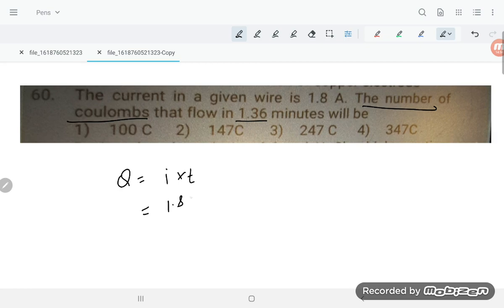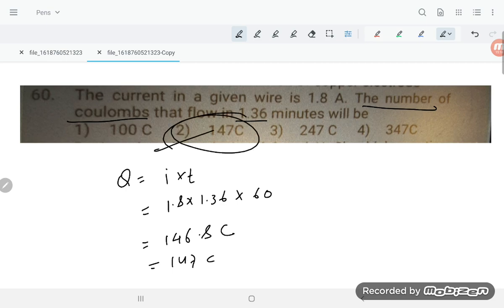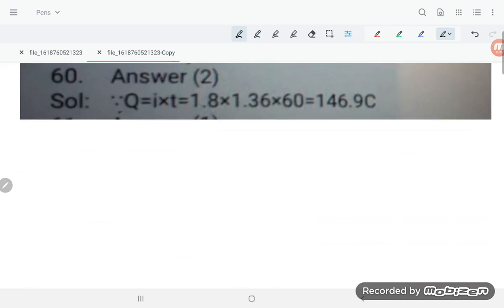I is equal to 1.8 into 1.36 into 60. Let us try to solve. 1.8 multiplied by 1.36 multiplied by 60. So it is coming 146.8 coulomb, or 147 coulomb. So the correct option is option number 2. Let's just try to solve it out, students.